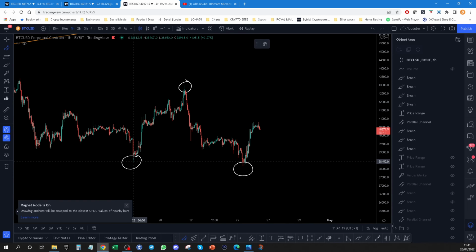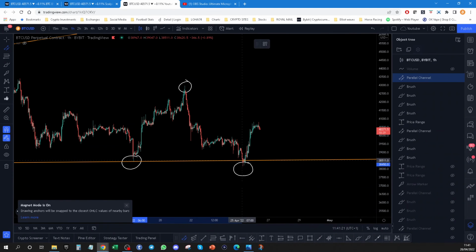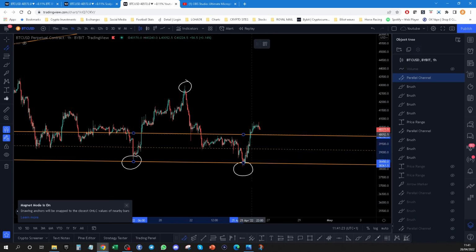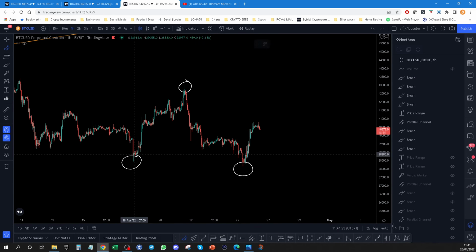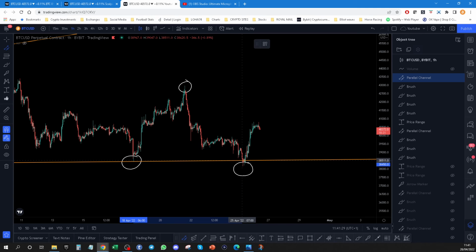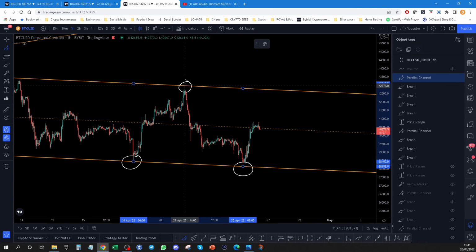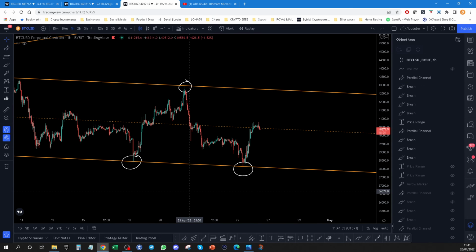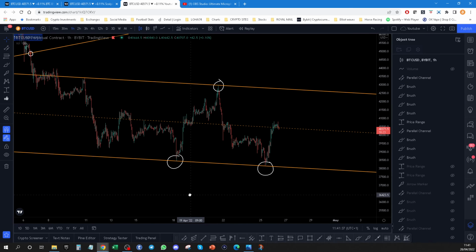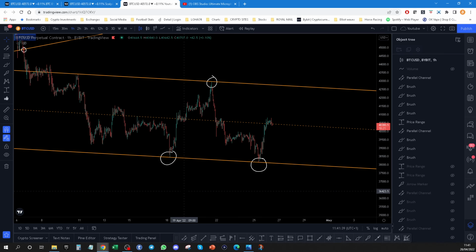Looking at the two bottoms. Well, that's interesting, isn't it?